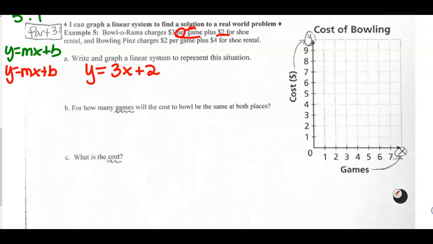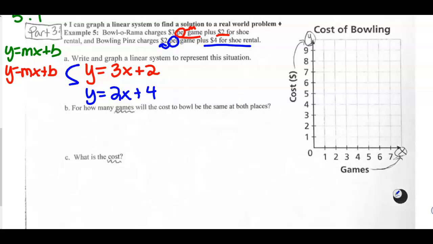And then it says Bowling Pins charges $2 per game. So again, we know from our notes previously, y equals 2x, because the per tells us that that's our m, and the x always goes next to it, plus $4 for the shoe rental. Again, that'd be a one-time fee for your shoes.